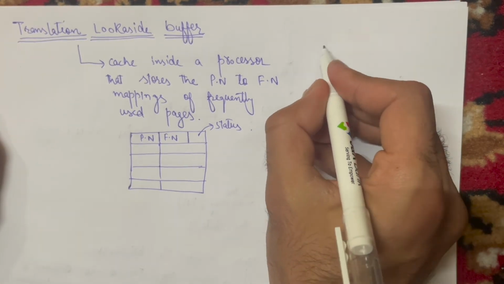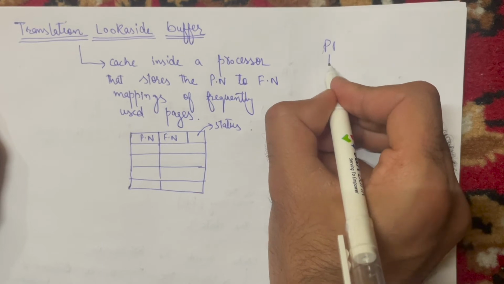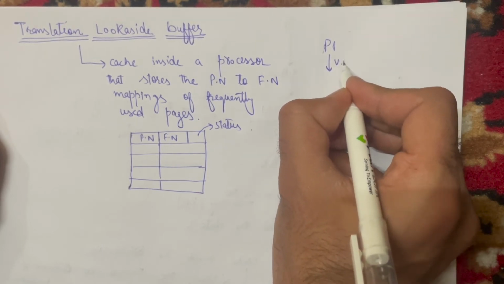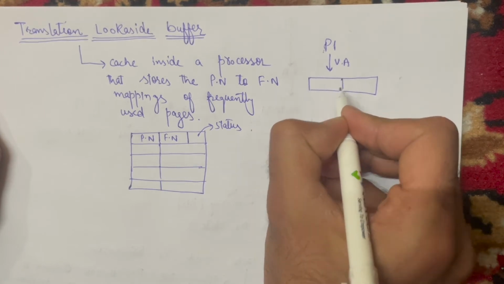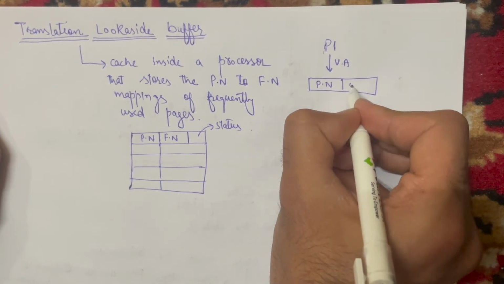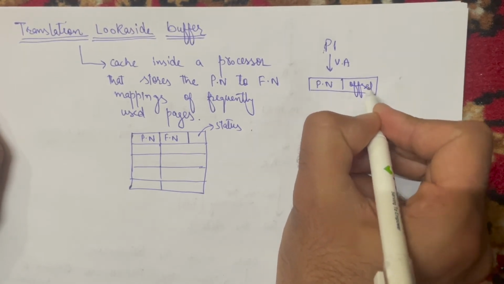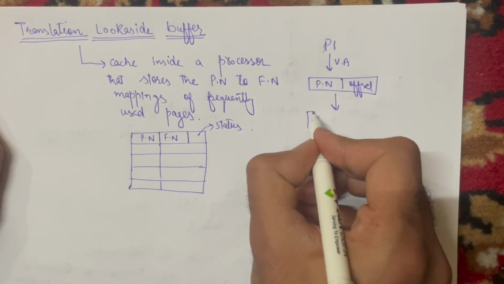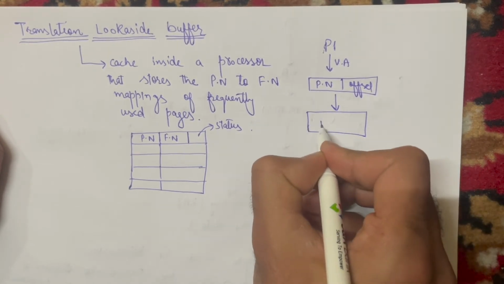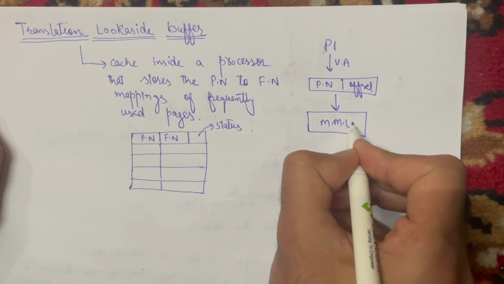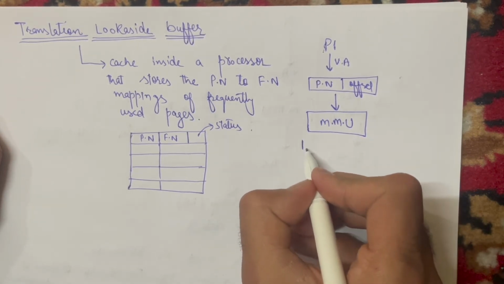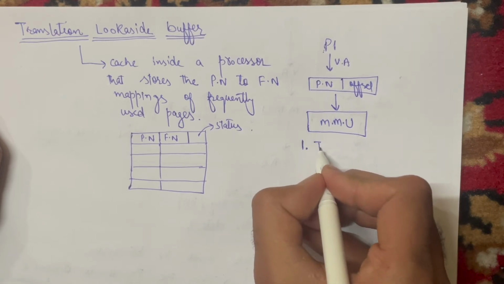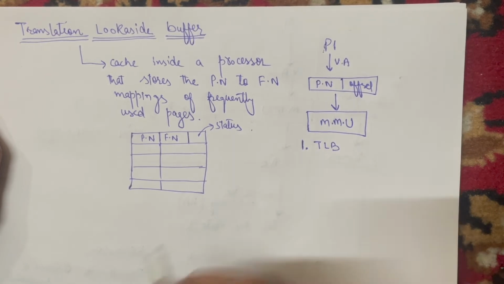So if I have a process P1, it generates a virtual address. The virtual address has two parts: one is the page number, another is the offset. Now this goes to the memory management unit. The first thing the memory management unit does is access the translation lookaside buffer.